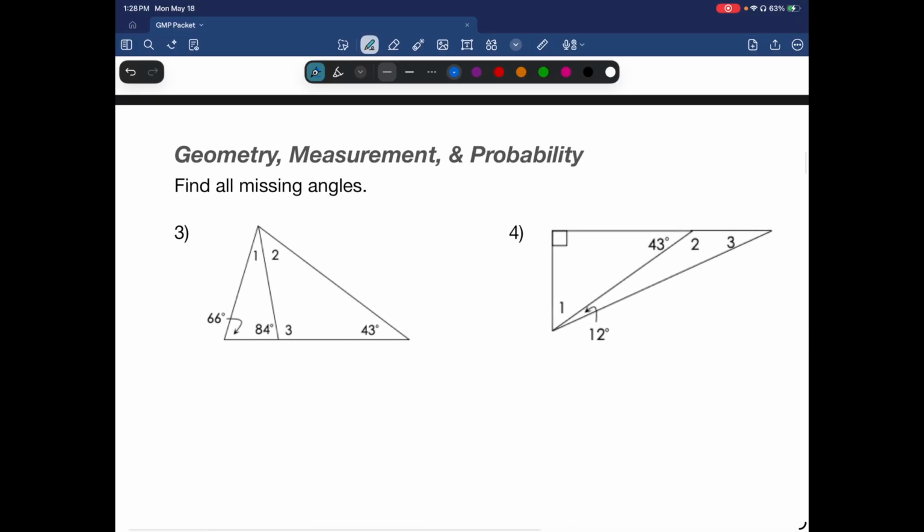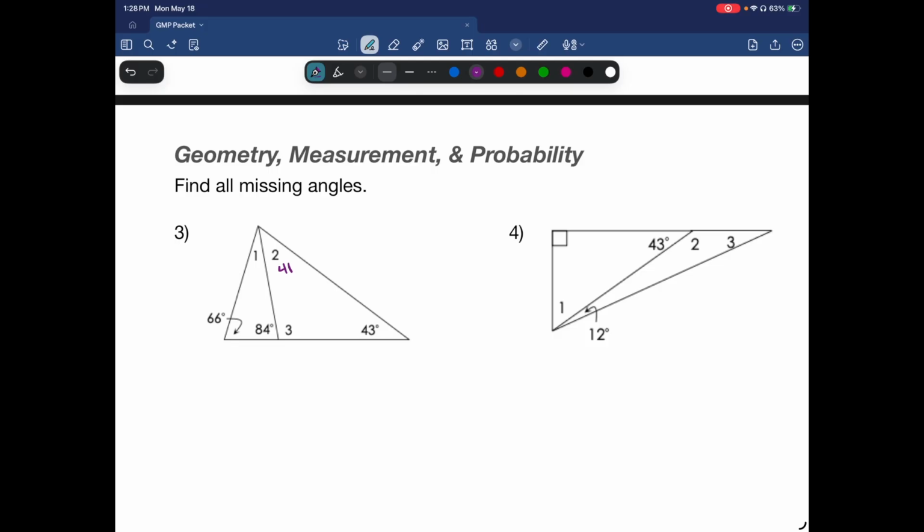All right, so for number 1, again, the inside of a triangle adds up to 180. This angle is the sum of these two. So that's going to simply be 84 minus 43, which should be 41. We know that.